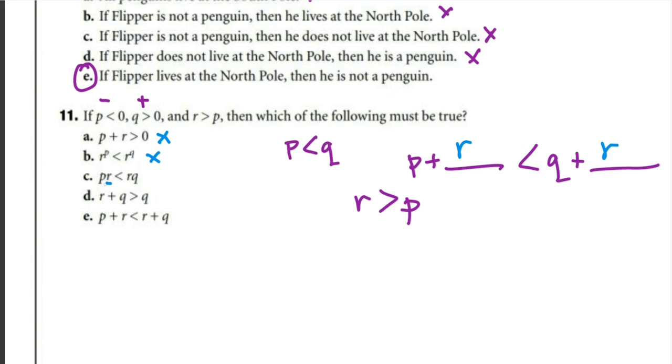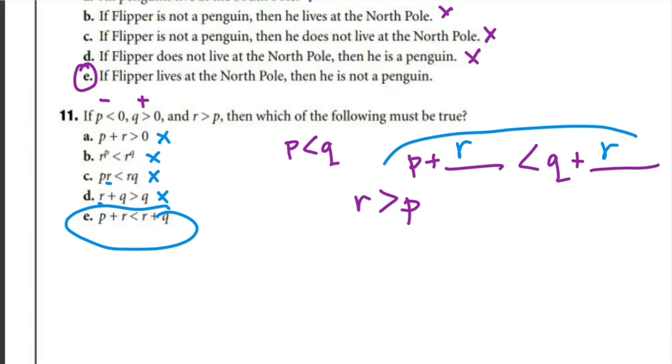Even if P is negative, R can also be negative, so it doesn't mean that it's always less than. So this is not true. R plus Q is greater than Q? Not necessarily. What if R is 0? So the answer here should be letter E from this one. All right.